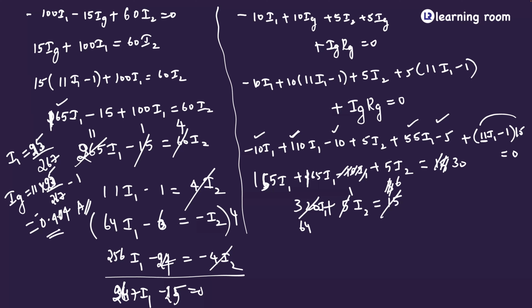So 64 I1 minus 6 is equal to minus I2. I multiplied with 4 on both the sides. So there is no mistake with this side, no? No, sir. Okay, 0.404 should be the answer.